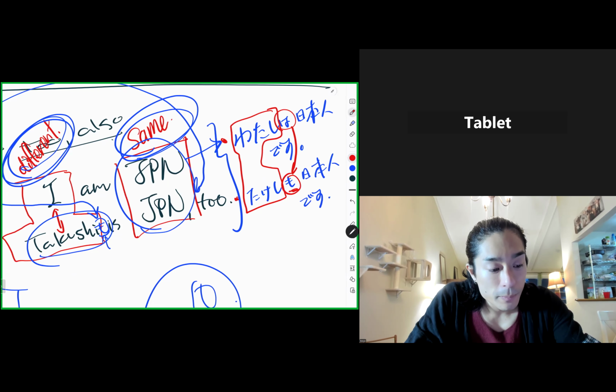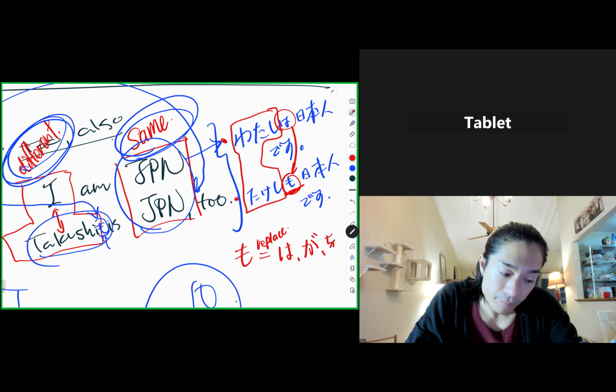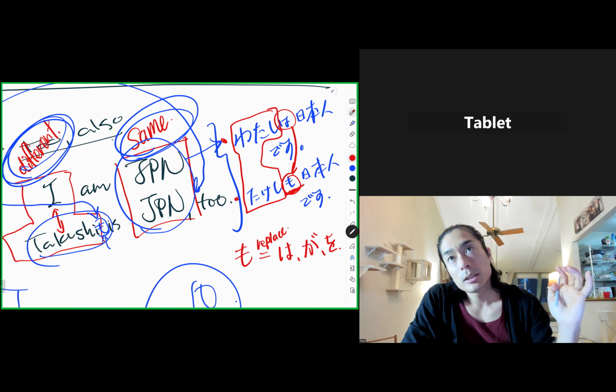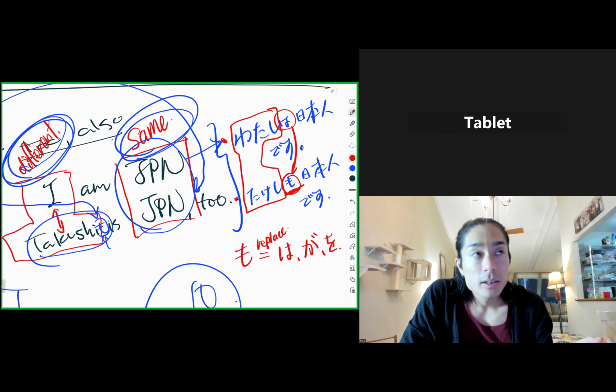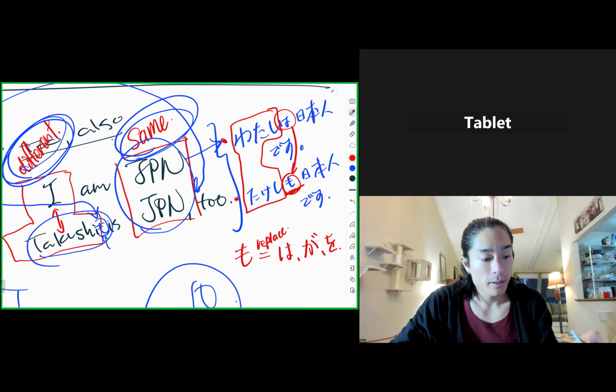Mo is a pretty special particle, where mo can replace wa, ga, o. These three particles. Whatever the different info is, if the particle before putting mo is either wa or ga or o, instead of adding mo, you replace that with mo.